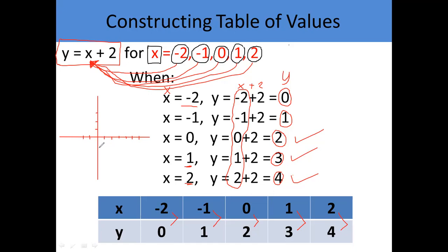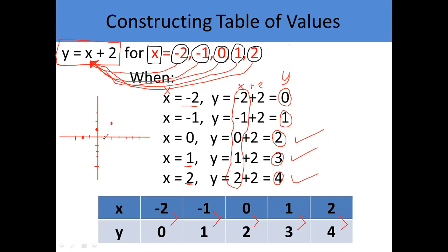For example, your x is -2, so 1, 2, y is 0, so you plot it here. When x is -1, y is 1, so y is 1 here. When x is 0, y is 2, 1, 2, so y is 2.